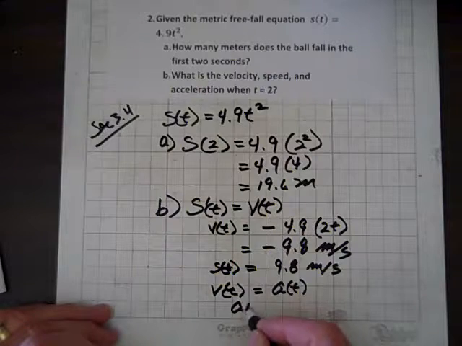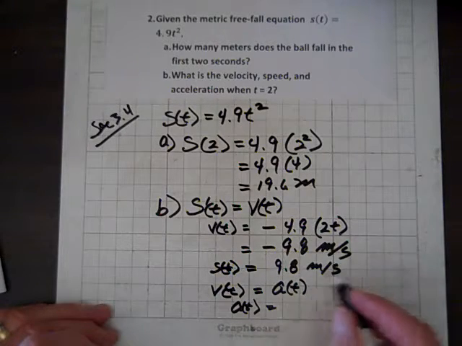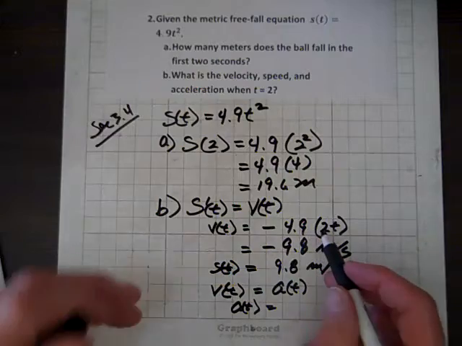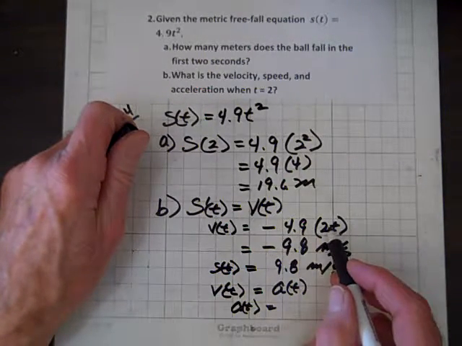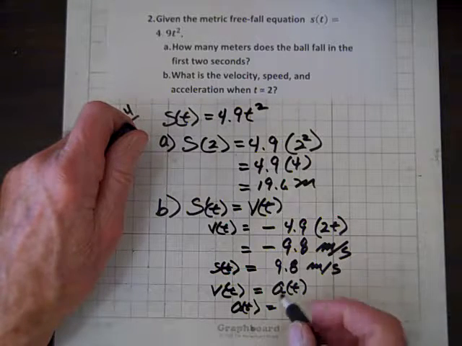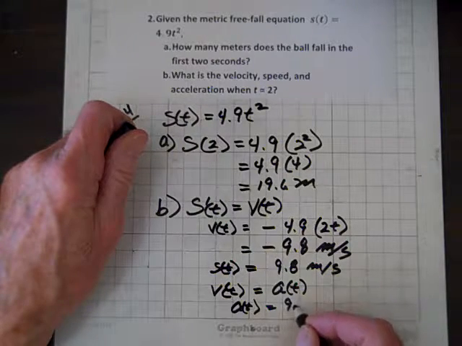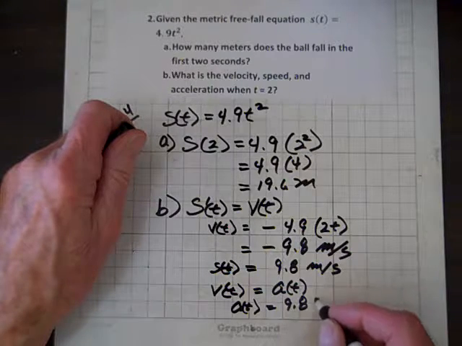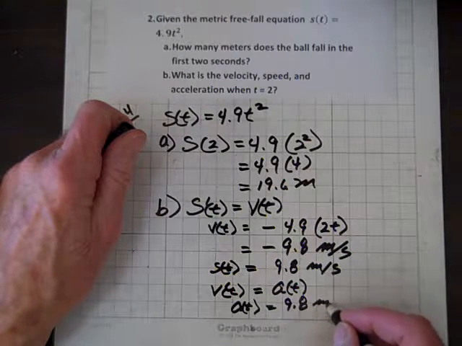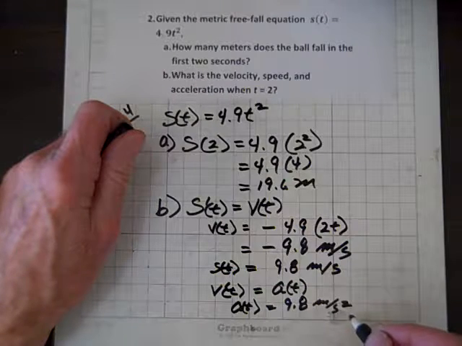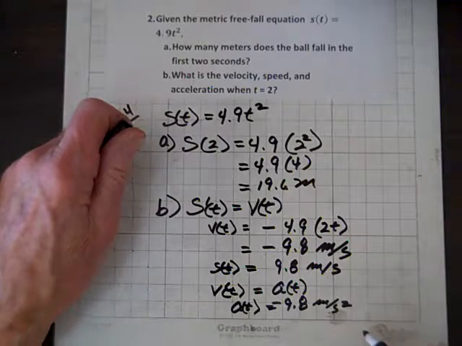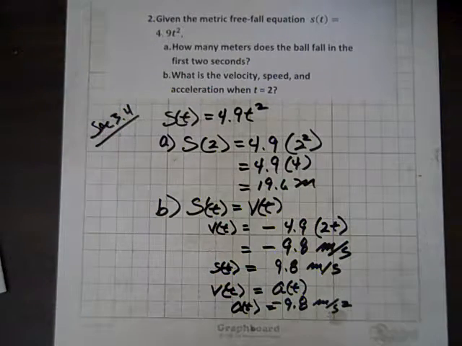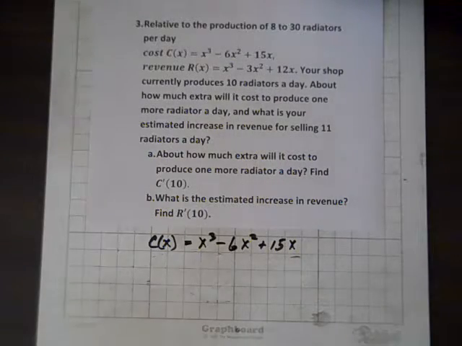And so a of t, when you take the derivative of the velocity, you're simply going to get 9.8 meters per second squared. But acceleration is a vector, and that's accelerating downward, so that'll be negative 9.8 meters per second squared, and we're done with that.